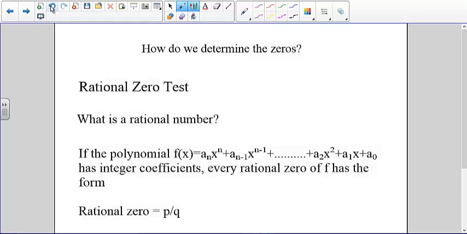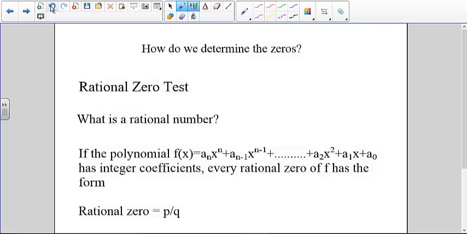If you get a zero remainder, then it is a factor or a zero. Now, you can have two kinds of zeros. You can have rational zeros, or you can have irrational zeros.